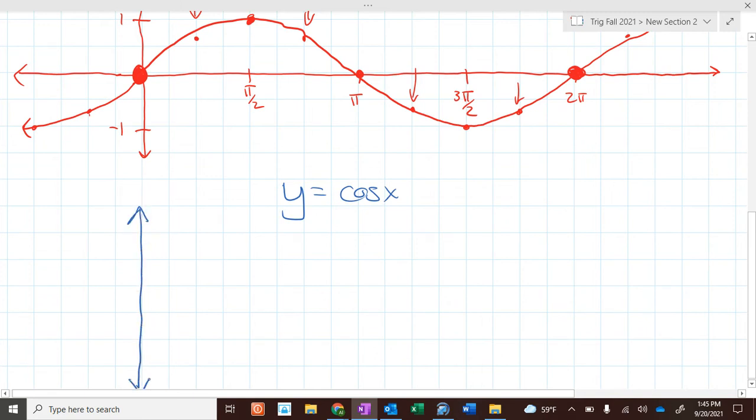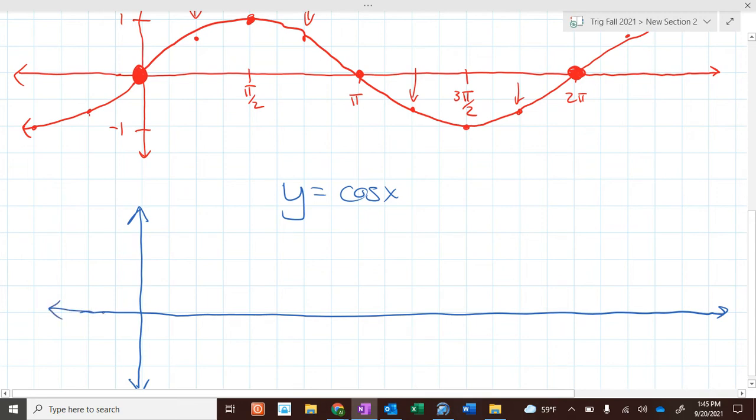So we're going to try to pluck these values straight off your unit circle while we graph. See if we can do that. Okay, what's the value of cosine of 0? 1.